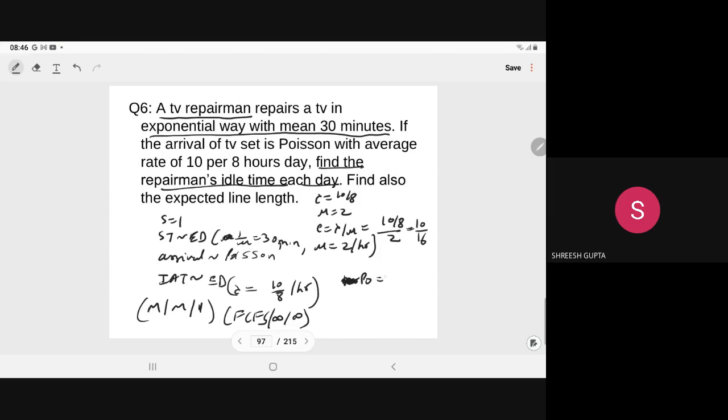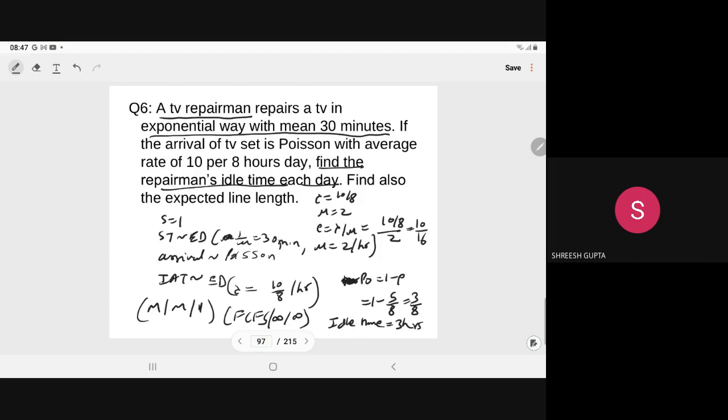So P naught is 1 minus rho. 1 minus 5 upon 8 is 3 upon 8. In the question, it is given that the day is of 8 hours. So idle time will become 3 hours.